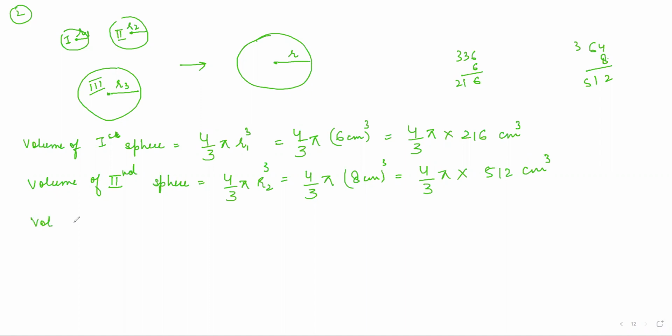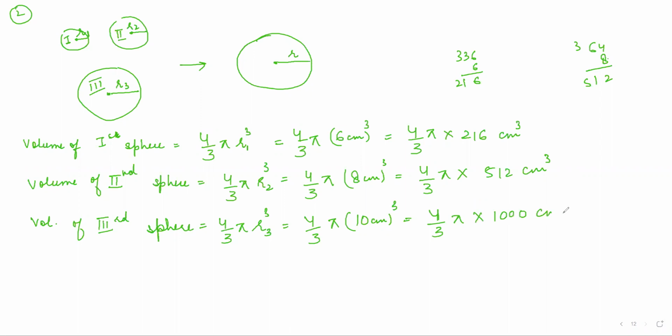Now, volume of third sphere is again 4/3 pi r3 cube. R3 is 10 centimeter. That is simply 1000. So 4/3 pi into 1000 centimeter cube.